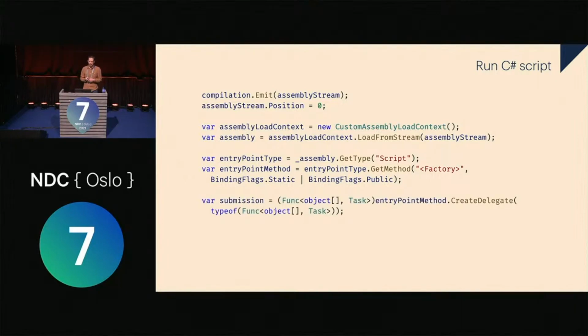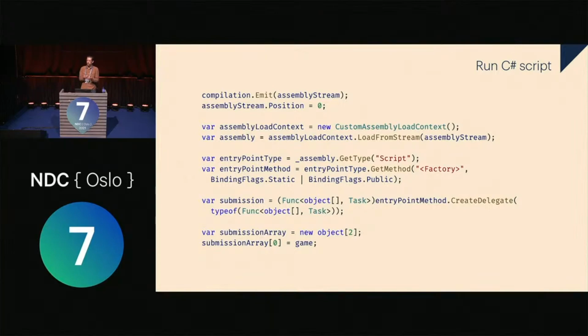So I create a delegate for that to make it easier to invoke. And as you can see here, the factory method takes a parameter of type object array. And that's a very special object array. The first entry in that array must be my globals object, so that's an instance of my game object. And then what Roslyn does, each time I invoke the entry point, it kind of makes a state machine, and it stores that state machine in this submission array.